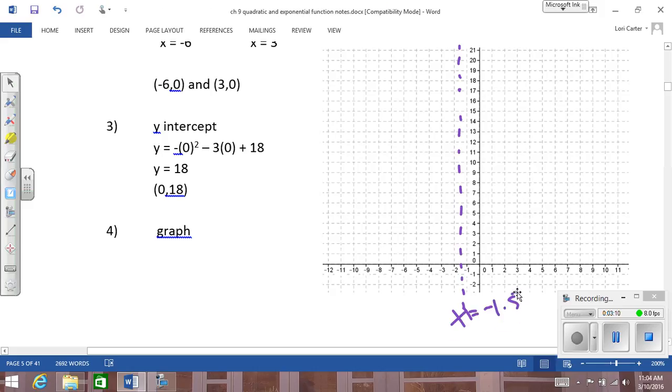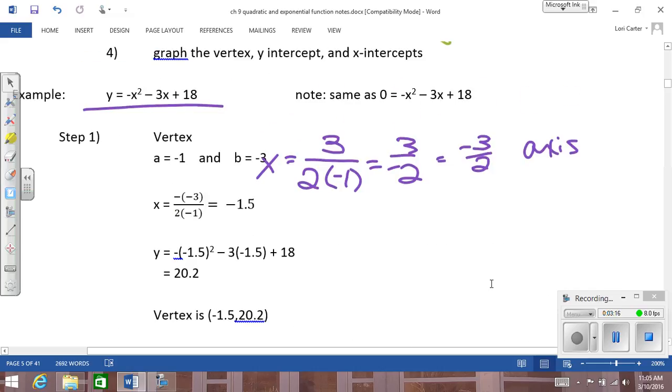Okay, next step, what do we do with the negative 1.5? Jalen? So we go back up here and we replace the x with negative 1.5.